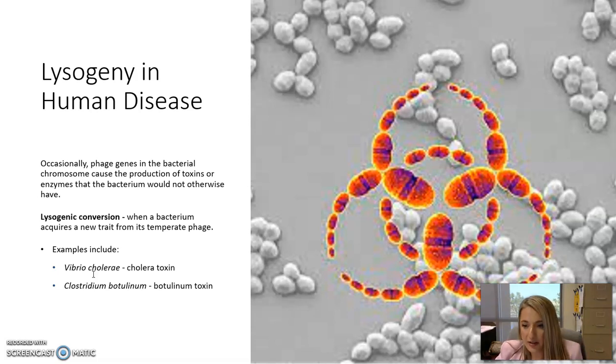The cholera toxin induces vomiting and diarrhea, and like I said, could cause someone to become severely dehydrated within a matter of hours. The Clostridium botulinum bacteria is able to produce the botulinum toxin, which can lead to full-body paralysis. So choose the right bacteriophage, and it goes through a lytic life cycle, and we kill bacteria. Very good.